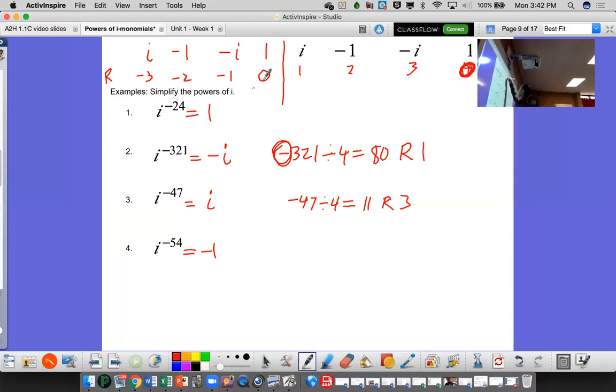This one has to be your sort of starting point. Count up and count back, and you can create your little powers of I cheat sheet, okay? I, -1, -I, 1. Say it to yourself a couple times. Make sure that you write it down twice and get good at making this little cheat sheet, and you should be good to go for any type of power of I, positive or negative. Let me know if you need any help.